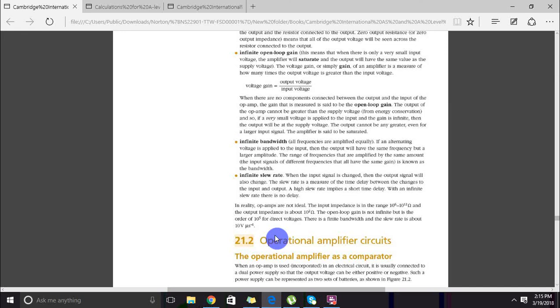So infinite slew rate: a measure of the time delay between changes to the input and the output. So let's define it. A measure of the time delay between the changes to the input and the output.